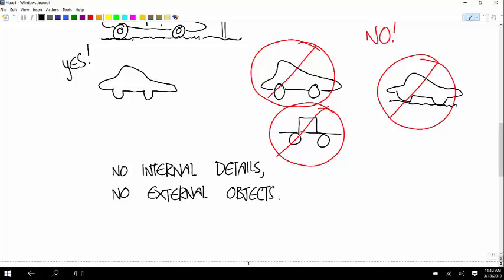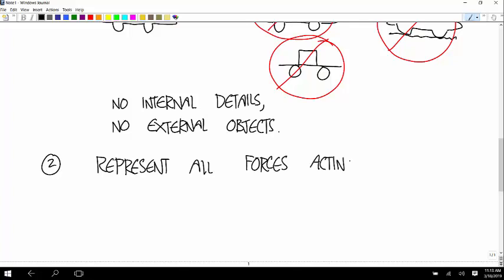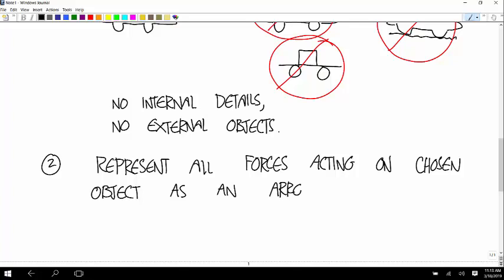And then the second step is to represent all forces acting on the chosen object as an arrow pointing in the direction of the force.